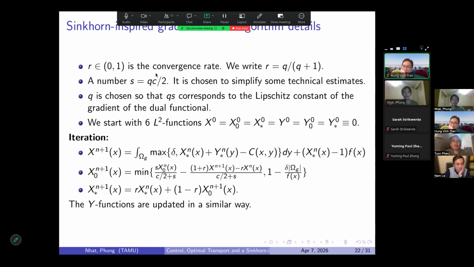And so we choose this. We use this formula, which signifies some estimates, and then later on, finally, we can choose the Q here. So the Q and S should be the Lipschitz constant of the dual functional.